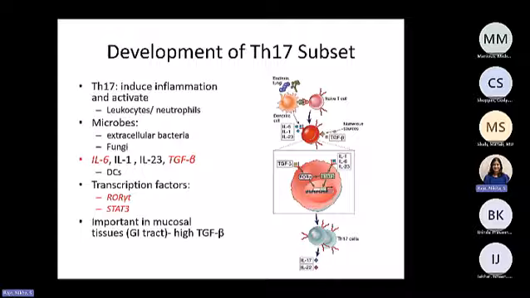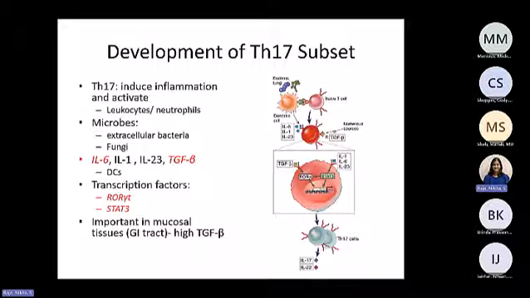In presence of that, the transcription factors that are going to be activated are ROR gamma T and STAT3. And these transcription factors are going to end up transcribing genes that make proteins important for the function of Th17 cells. The most important of that being IL-17 and IL-22 cytokines.